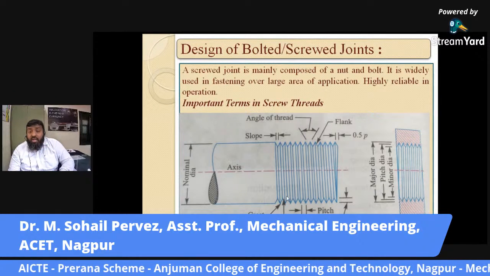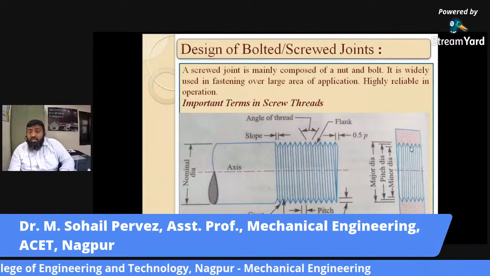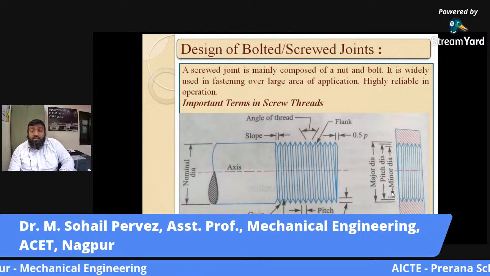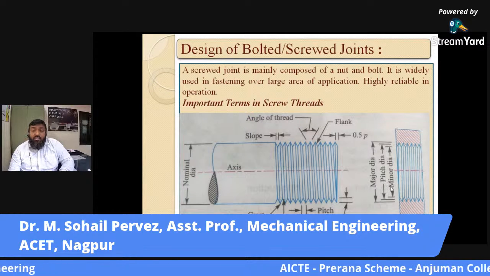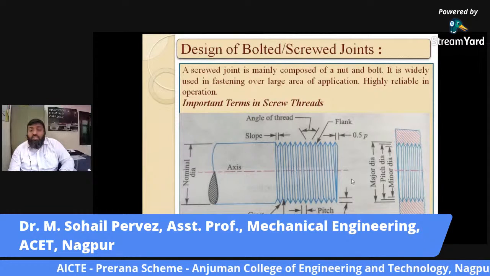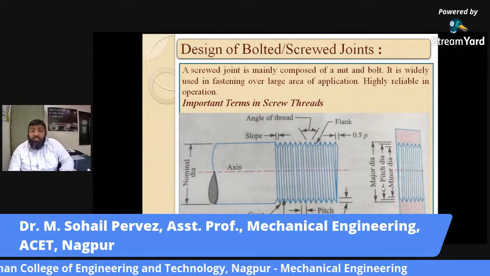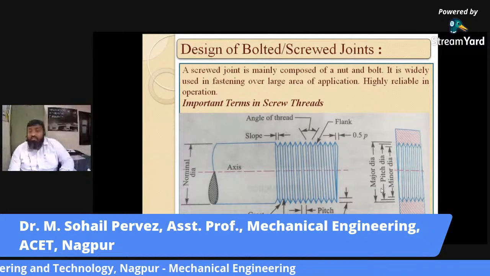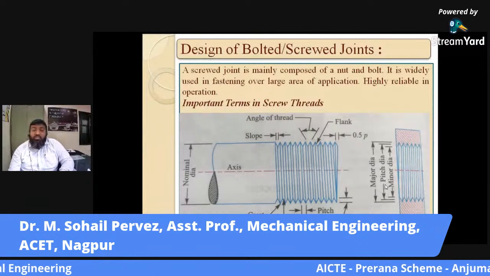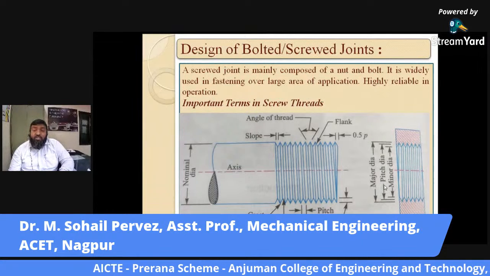The next is minor diameter, the inner diameter, or smallest diameter, one and the same. And the third diameter is pitch diameter, which is an approximation of the mean diameter, pitch circle diameter, or simply pitch diameter between major and minor.